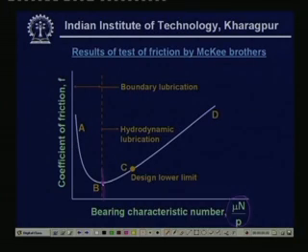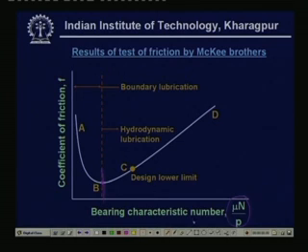Imperfect lubrication means in this boundary lubrication there won't be a very definite lubricant film present; there will be metal to metal contact, and some sort of oiliness might also be present. So, this is what we call boundary lubrication, and this particular portion from B to D we call hydrodynamic lubrication.